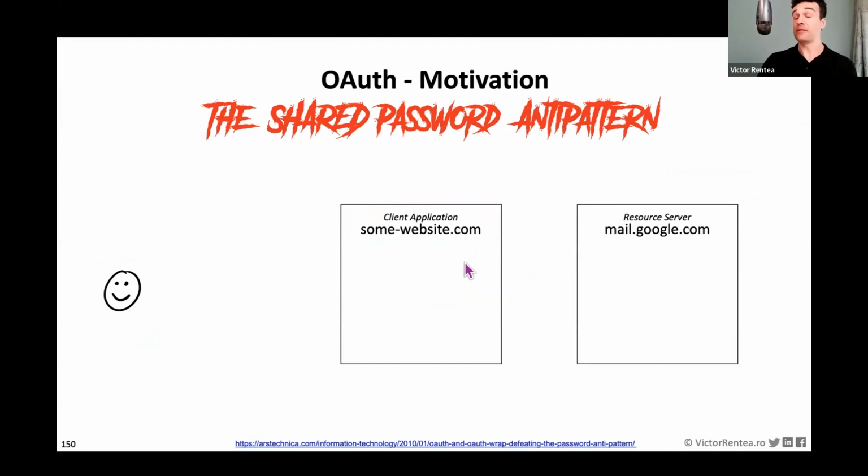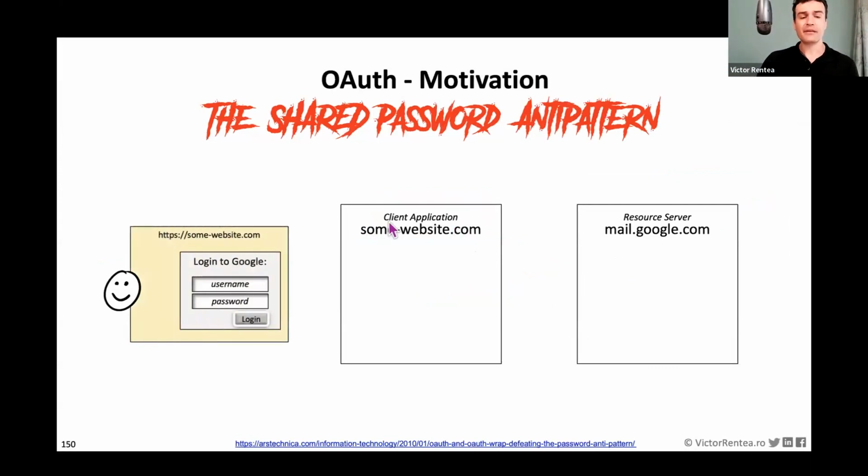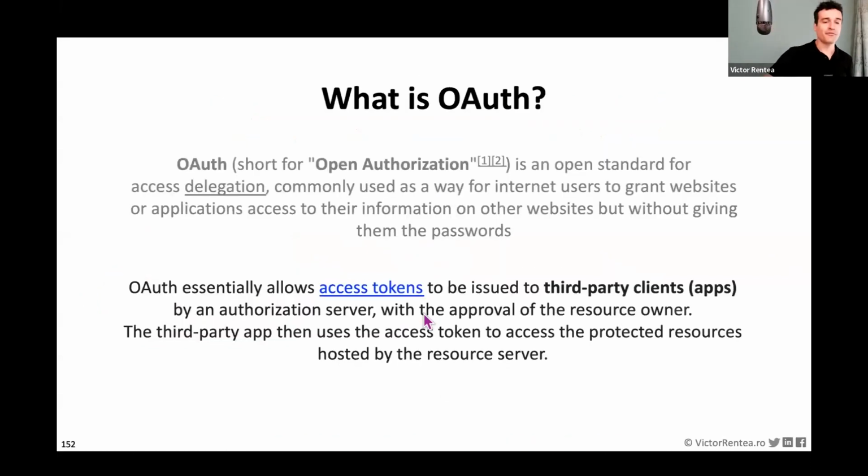And to get that information, this is madness, this never happened, it would offer the users a form in which it will require the user to enter the username and password for Gmail. This is insane. This never happened. And then it will use that user password in turn to fetch and to do stuff in your name in the resource server at mail.google.com. That never happened, right? It's a terrible thing because, of course, your password in plain text transits this system. It's a no-go, of course.